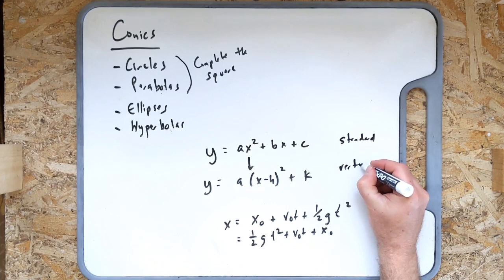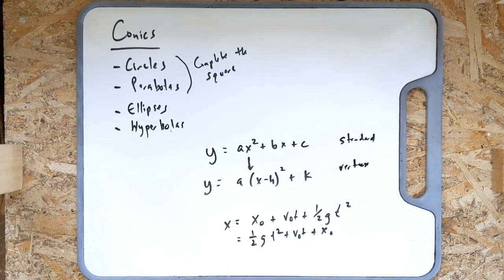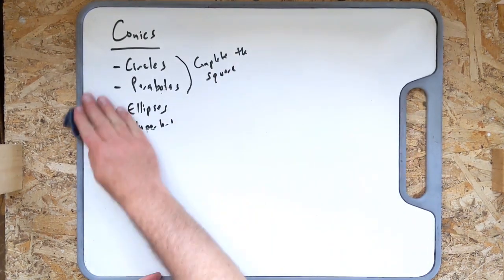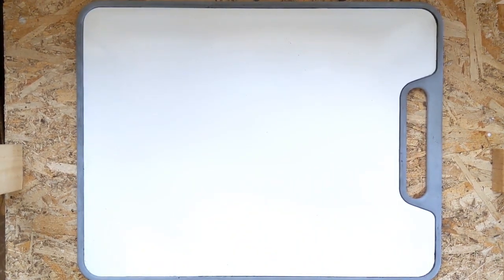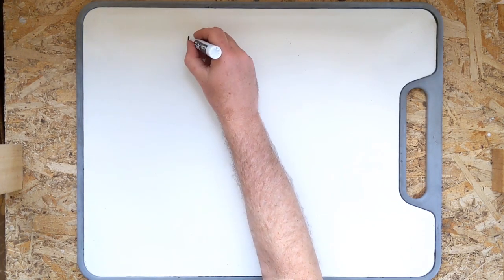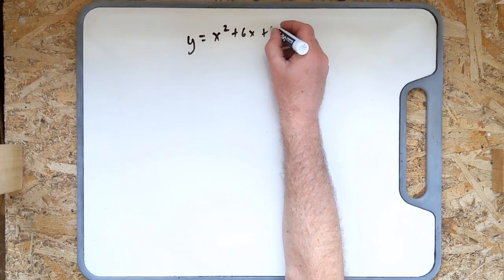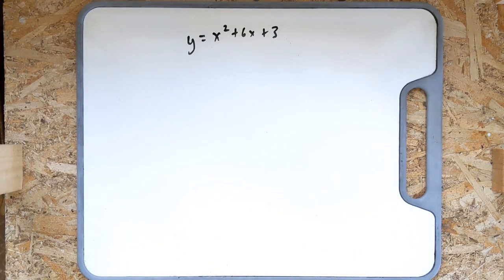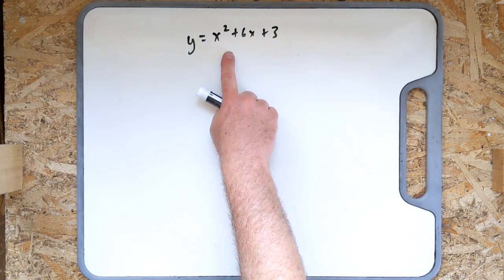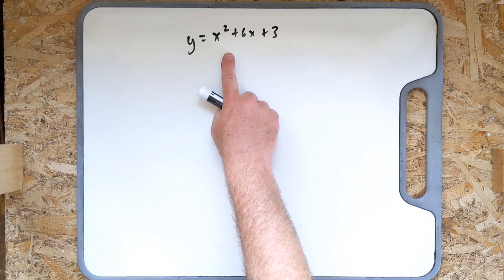We will then do the same thing for a circle. Okay, so I'm going to start with an example and just show how to do this with some steps. I'm going to start with the equation y equals x squared plus 6x plus 3. Again, the problem with this is I can't look at this and tell what the vertex is.